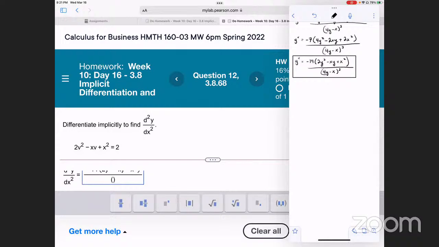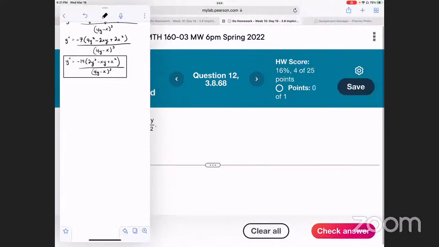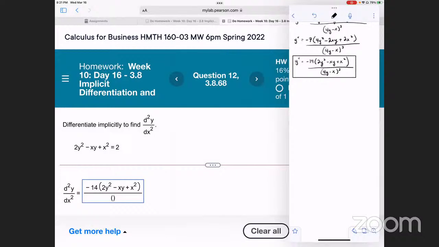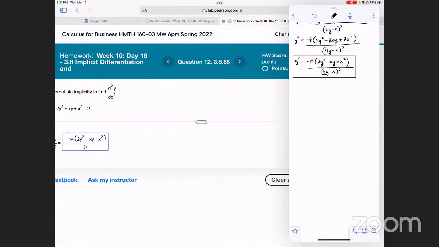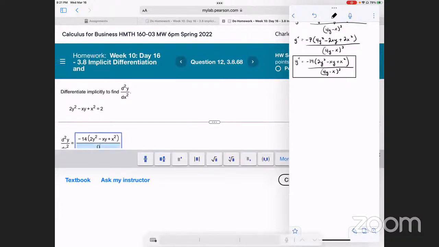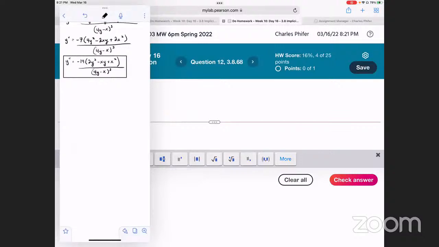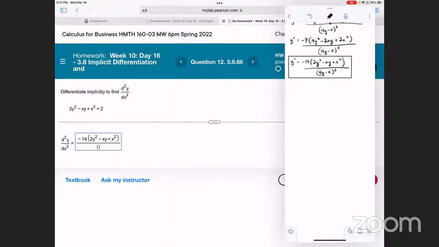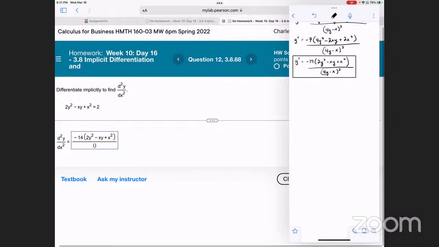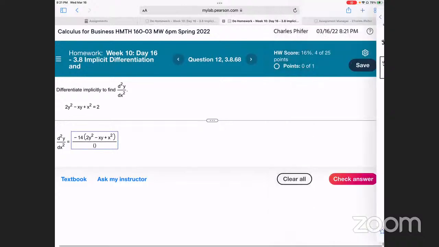Oh, this is so frustrating. I can't see it. I think I need to zoom out in order to be able to see it. One more. Okay. There you go. There it is.